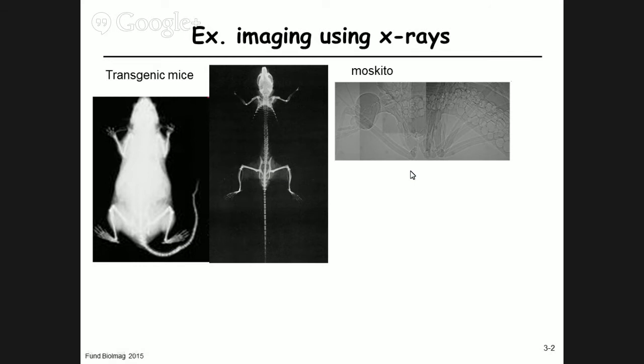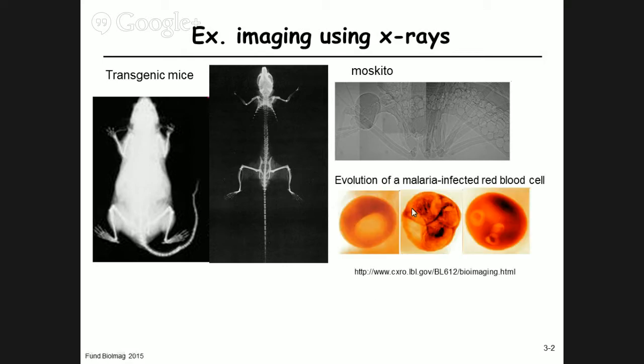With X-rays, one of the features is that one can go to very high spatial resolution. This is an X-ray image of a mosquito that's been taken. So here's the head, the wings are here, and you can see the tails, the legs. Or even higher spatial resolution, this is now the image of a normal red blood cell, and these are red blood cells infected with a malaria parasite.